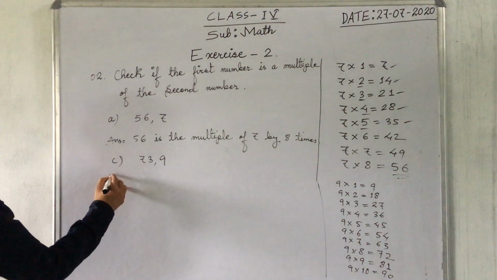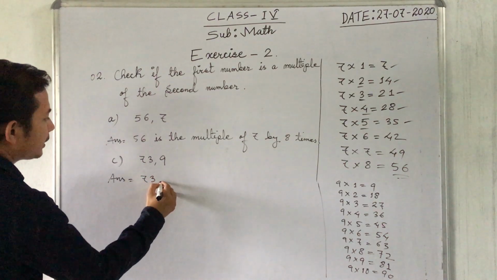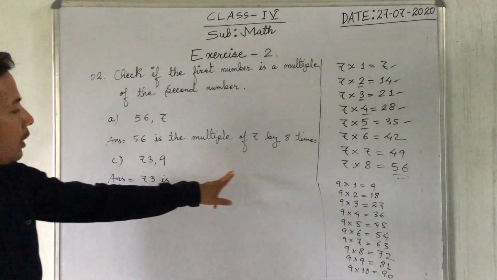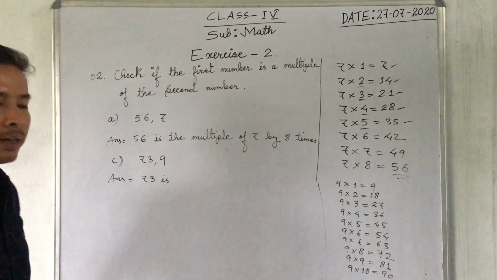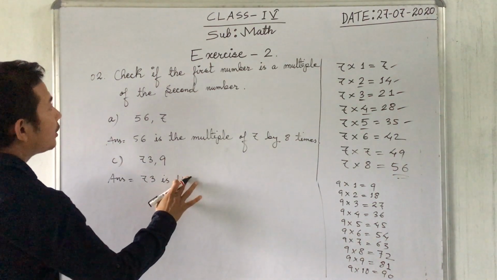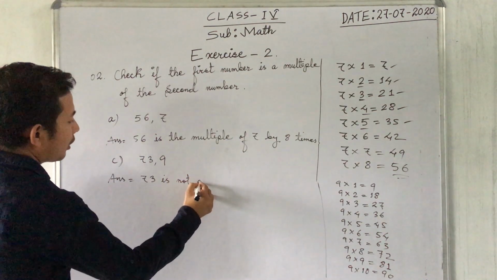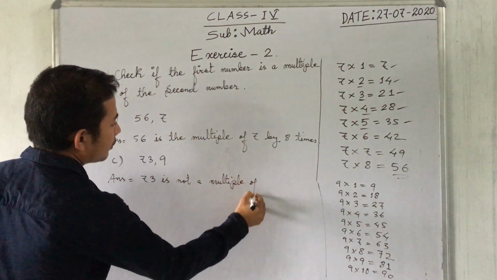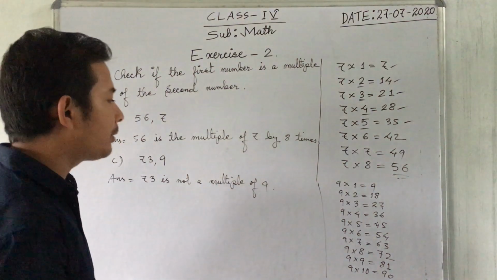Okay, so the answer: either you can write 73 is not a multiple of 9, or you can write the first number is not a multiple of the second number. 73 is not a multiple of 9, because 73 is not in the table of 9, right?